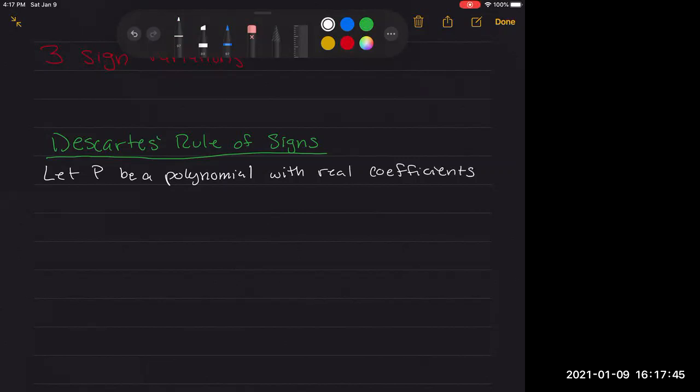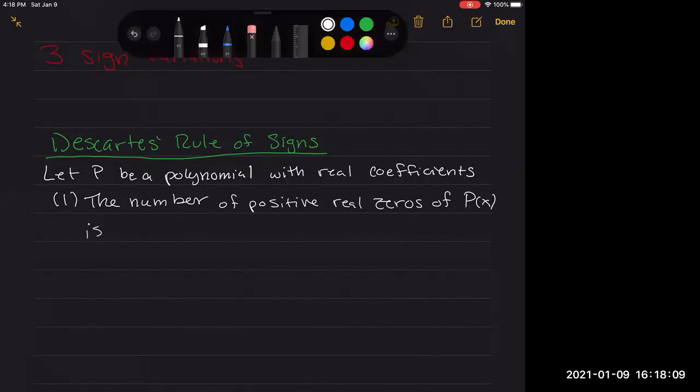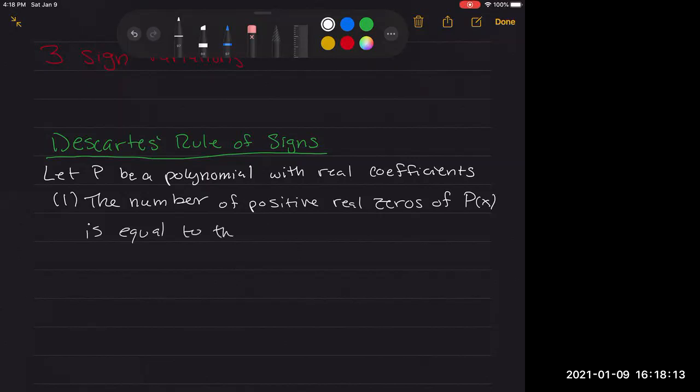Then 1, the number of positive real zeros is either equal to the number of variations or less than it by an even whole number.